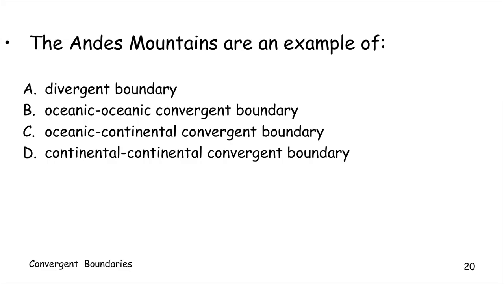The Andes Mountains are an example of, is it divergent boundary? Oceanic convergent boundary, oceanic continental convergent boundary, or continental convergent boundary. The Andes Mountains are an oceanic continental convergent boundary where the oceanic Nazca plate is subducting beneath the South American continental plate.